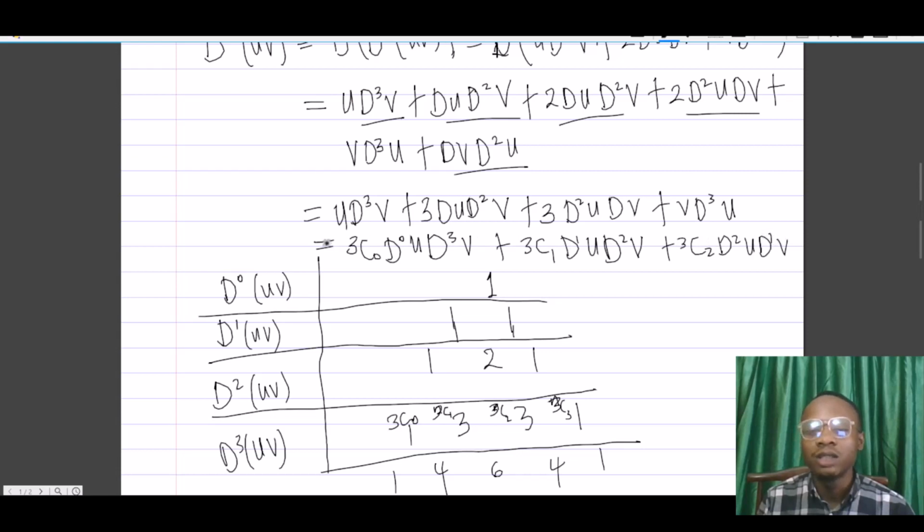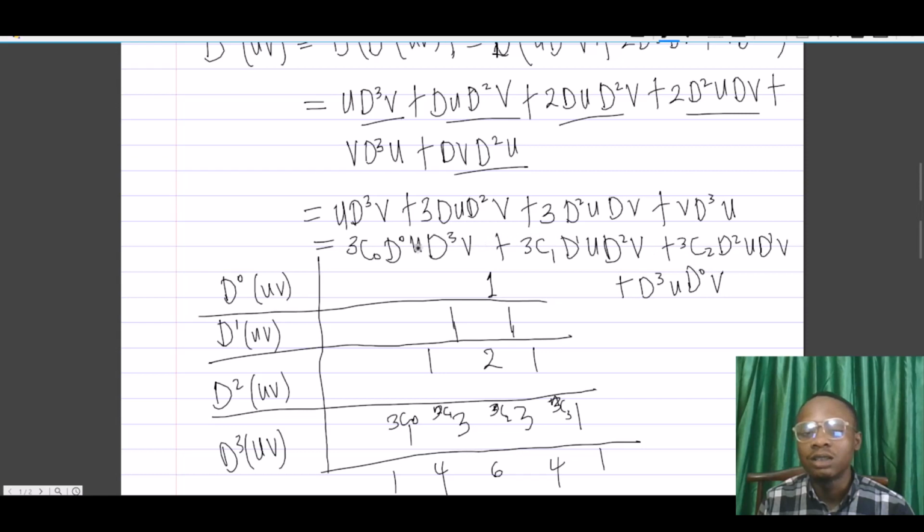So we can see that as we proceed from the first term to the last term, the power of d that corresponds to u increases from 0 to 3. This is for first term, second term, third term. The last term is going to have d to power 3 of u, and v does not have anything, so that is d to power 0 of v.